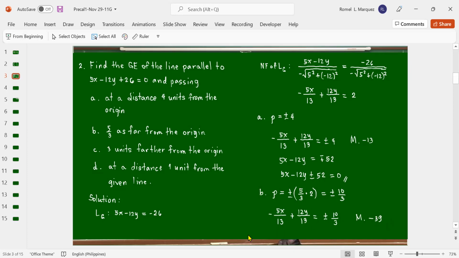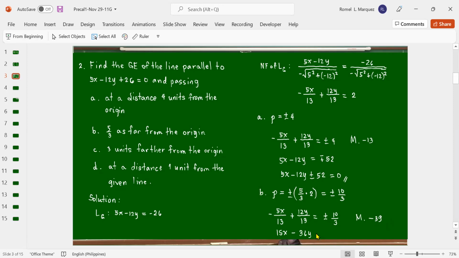This is 15x minus 36y, and then plus or minus 130.